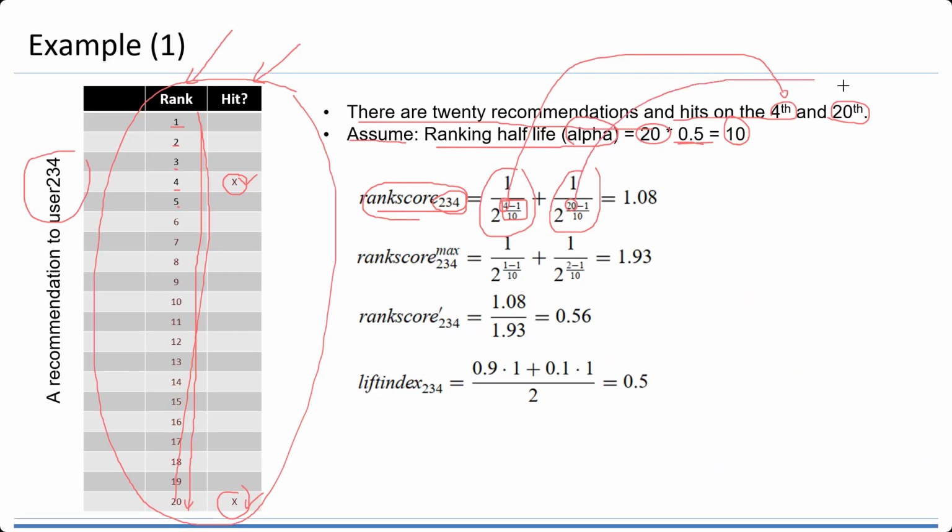This is from the rank of the second product that has been hit. So the rank score of the user is 1.08.